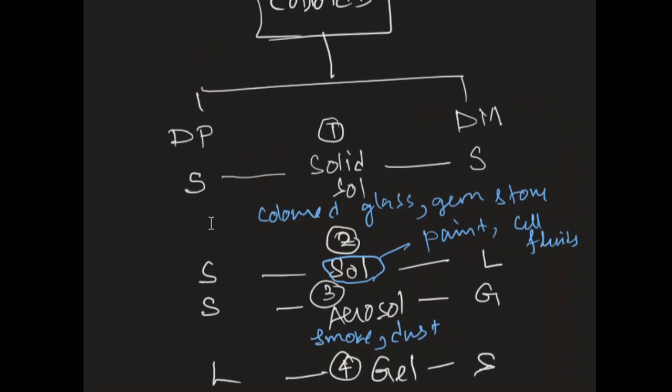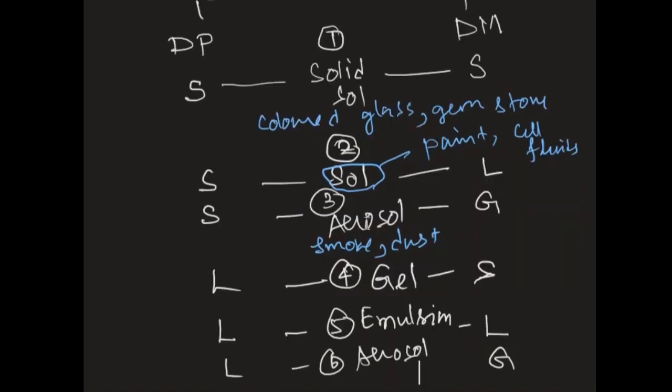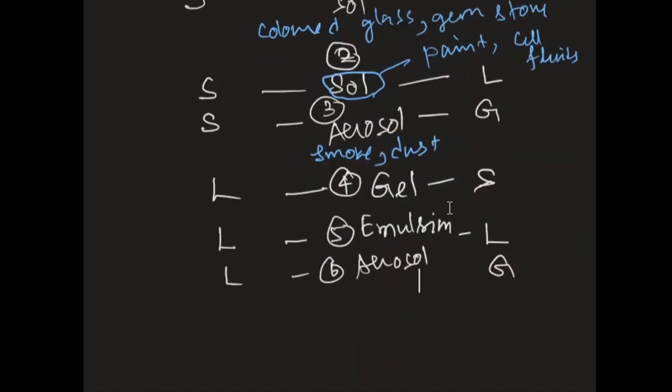These all come under the aerosol category. Then you have gas solid, that is called again solid sol. This is the seventh type. Write down as solid sol, seventh type.